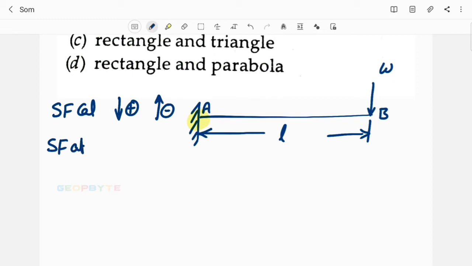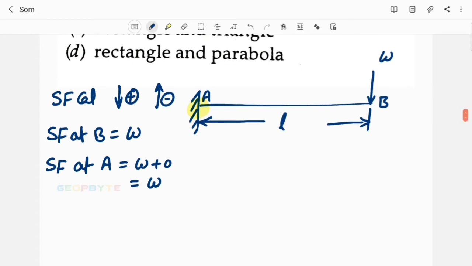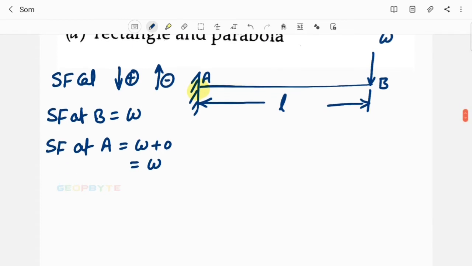Shear force at B, downward force W newtons. Now the shear force at A: exactly at A, there is no load, so W plus 0 is equal to W. Then the shear force diagram will be varying like this.